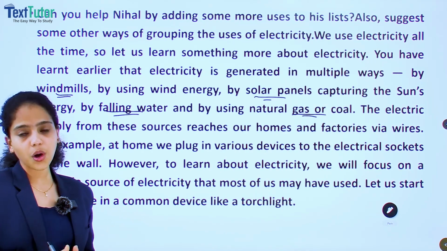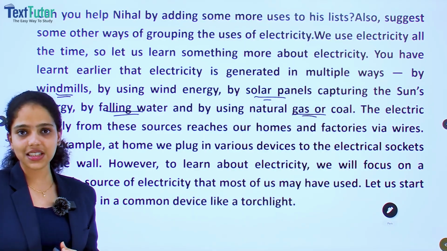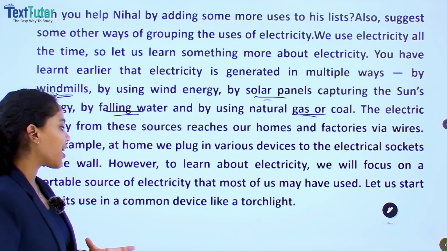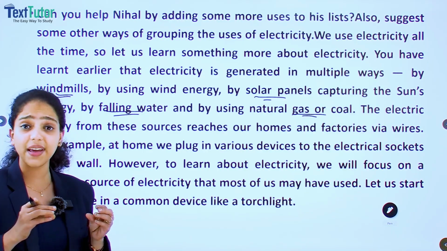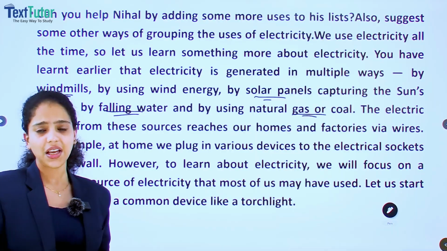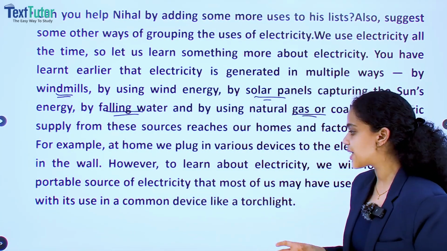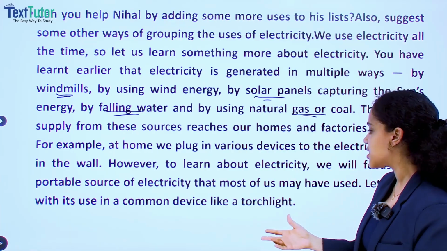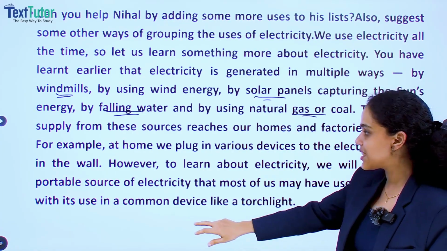There are more portable sources of electricity, and you will learn them one by one in this chapter. So let us start with a common device, the torchlight. You are very familiar with the torchlight. Everyone has a torchlight at home. So we are starting with a common device, the torchlight.